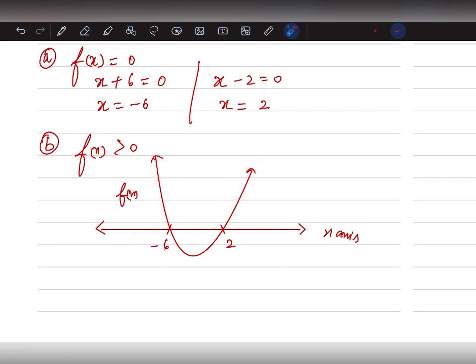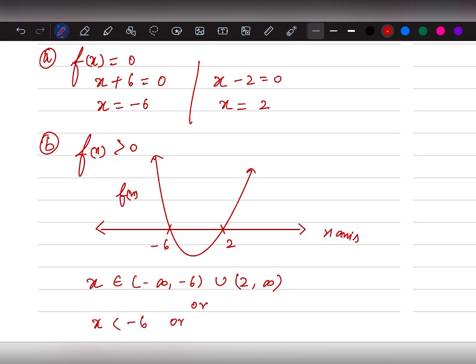So I will say that x belongs to negative infinity to negative 6 union 2 to infinity. Or I can say that x is less than negative 6 or x is greater than 2. For all these values of x, my f of x is greater than 0.